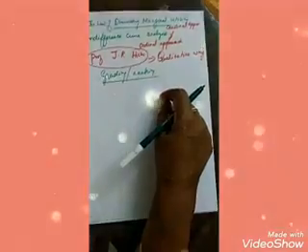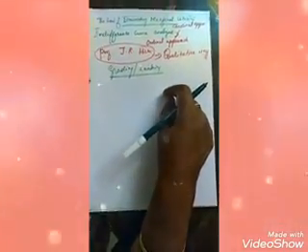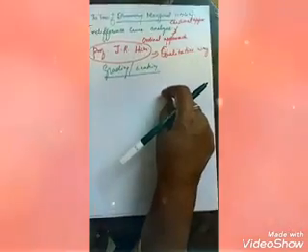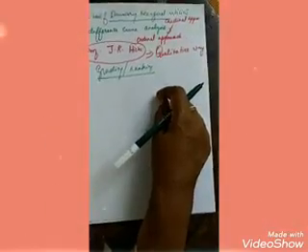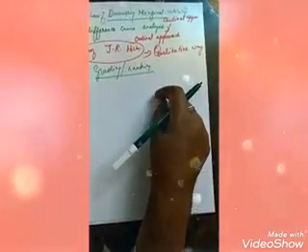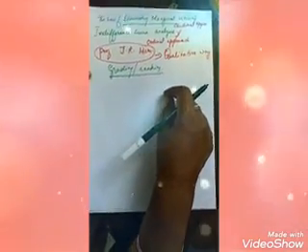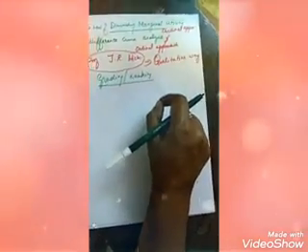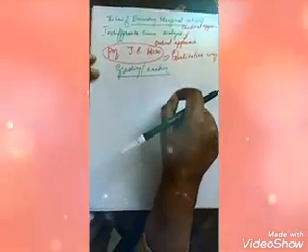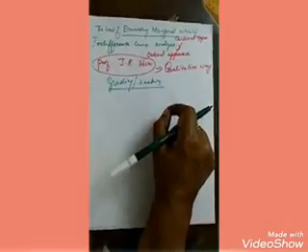The meaning of it: an indifference curve is a curve that represents all the combinations that give the same level of satisfaction to the consumer. The curve shows the equal level of satisfaction when we are purchasing two commodities at the same time. Is it clear? This is the meaning of the indifference curve.